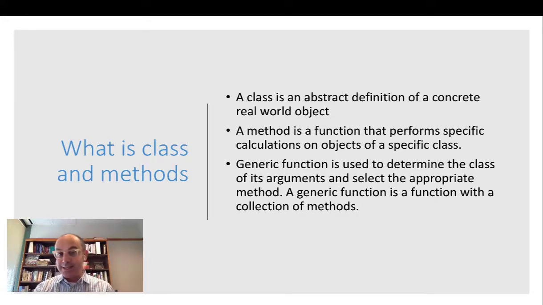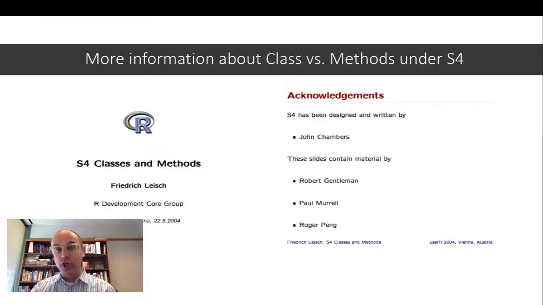So again, this is where I want you to be very clear on what a class is, what a method is, and how you're going to treat your object. For more about classes versus methods under S4, there is a presentation which I will post together with this.